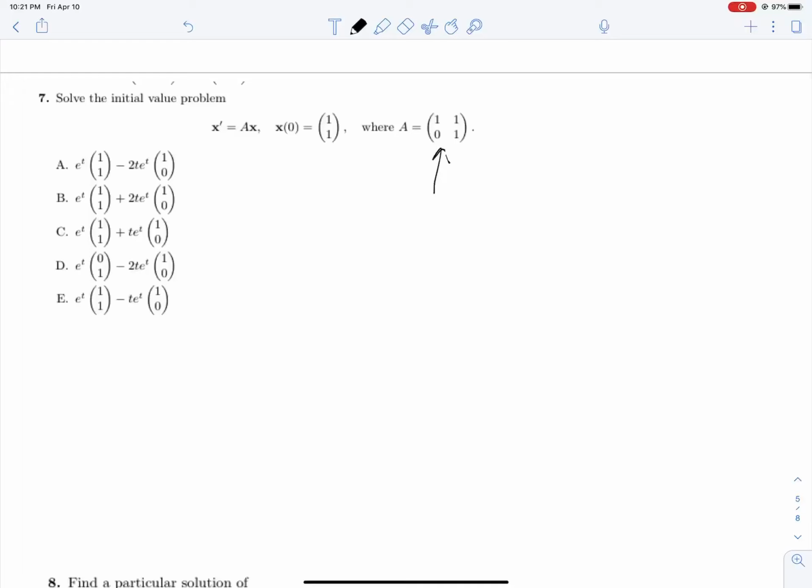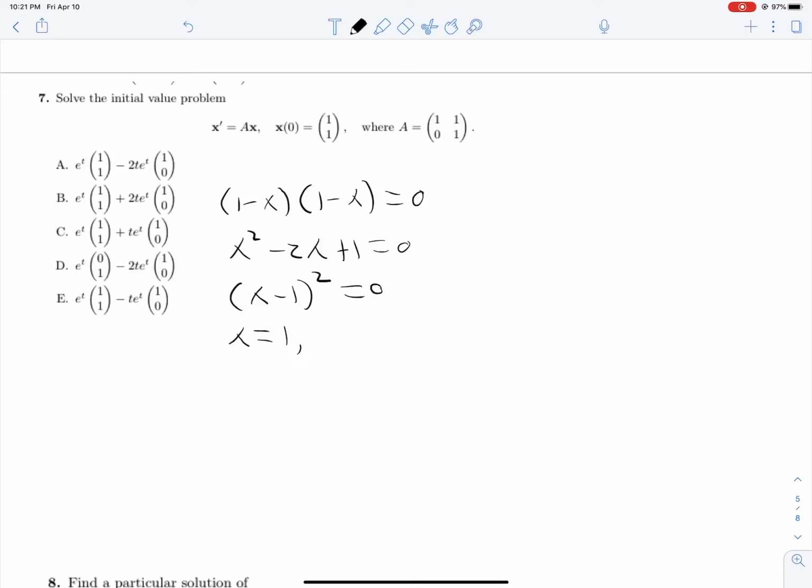So finding the determinant of A minus lambda I equals 0 for this will give us (1 minus lambda) squared is equal to 0. So lambda squared minus 2 lambda plus 1 is equal to 0, or lambda minus 1 squared is equal to 0.